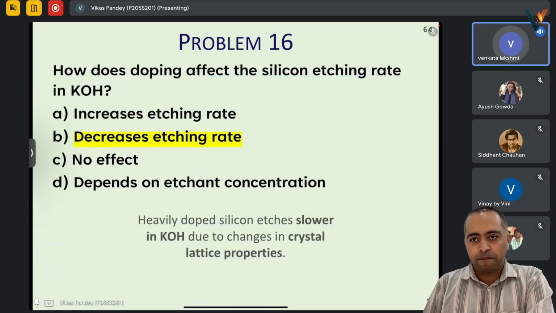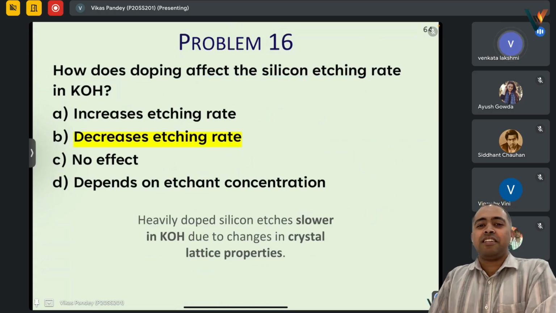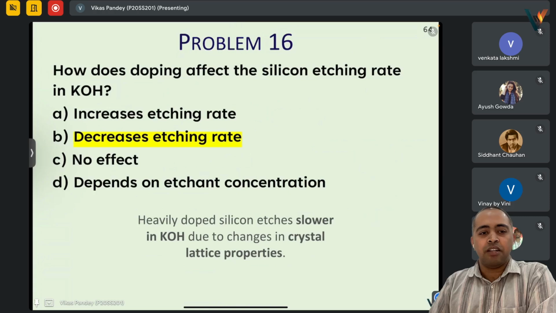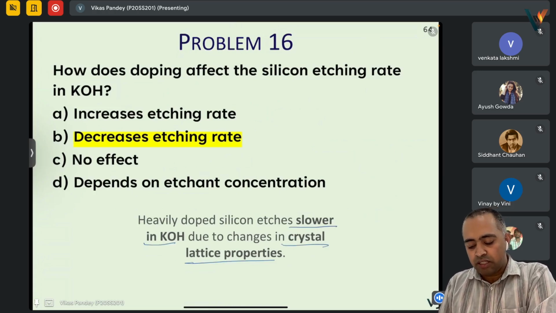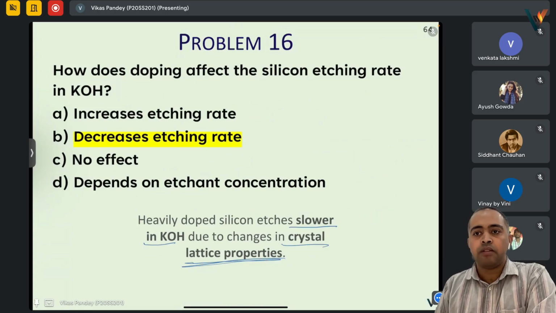You have told that boron is acting as an etch stop layer. So it is decreasing the etch rate, since heavily doped silicon etches slower in KOH due to change in crystal lattice properties. It was going faster because of its orientation, because of its structure. Now, when there is doping, it will be in a more stable state, so it will not be easy to dissolve and etch out. So that decreases the etching rate.